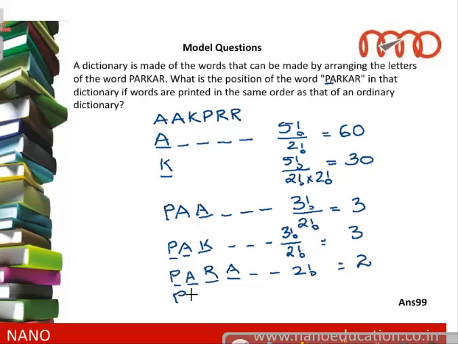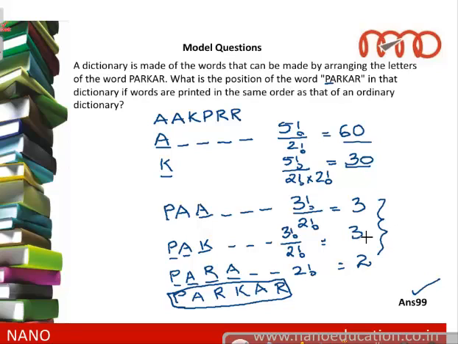And then comes PAR, preferred position would be after A, K, A and R. This is the word which we are interested in. So before getting the word of our interest, we have 60 plus 30, 90 plus 8, 98 words. So rank would be 98 plus our word 1, 99 rank.